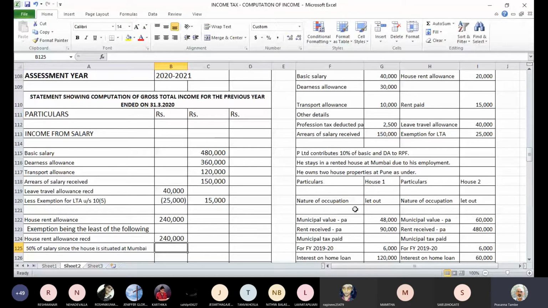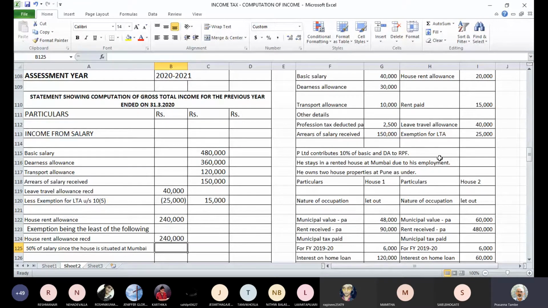I'm trying to clarify the meaning of salary because we are going to calculate 50% of salary. So salary includes basic salary, dearness allowance if DA is part of retirement benefits, and commission which is paid as a fixed percentage of turnover achieved by the employee.